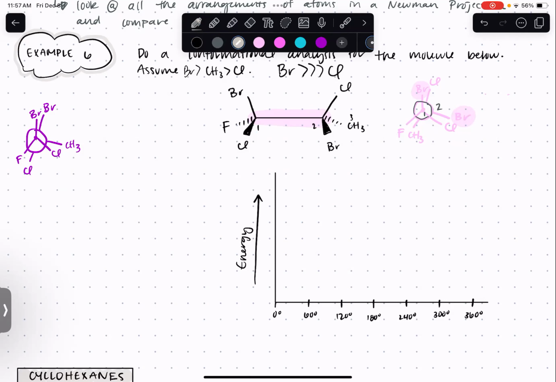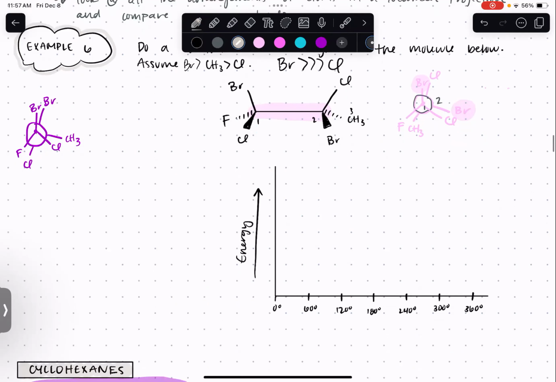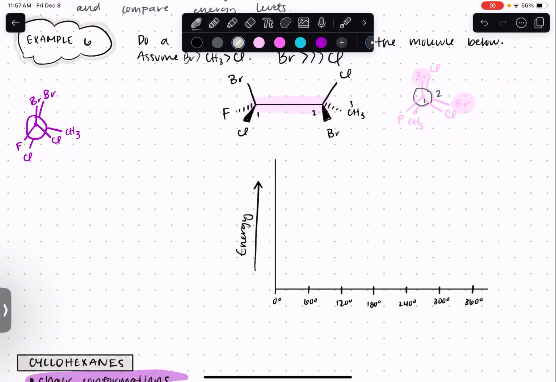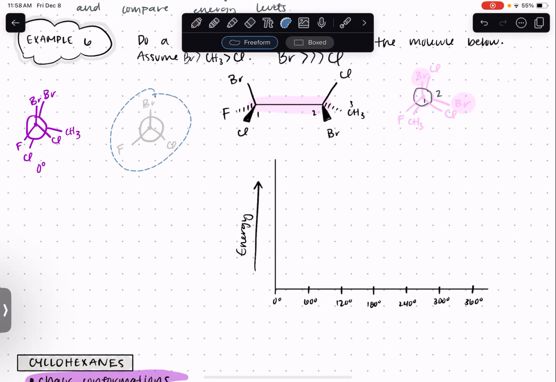Okay. So then the next thing we want to do is just go through and rotate everything 60 degrees at a time. So we'll start with 0 degrees there. Then we're going to leave our front carbon the same every single time. Chlorine.